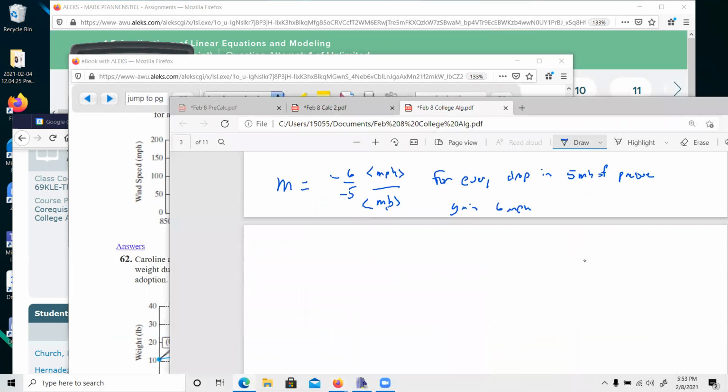That would have been just as right? For every increase of 5 or 6 miles per hour, we drop 5 millibars of pressure. Okay.